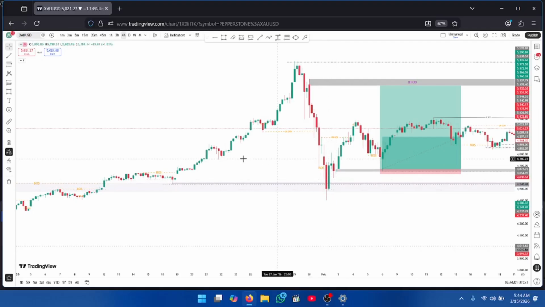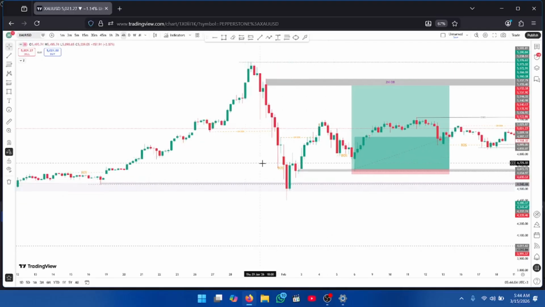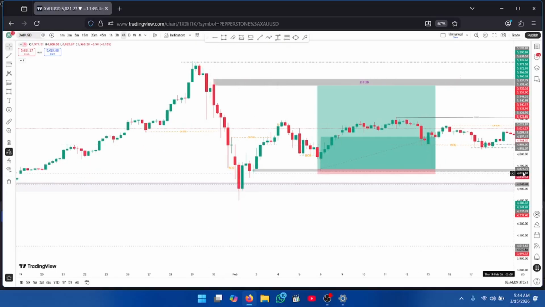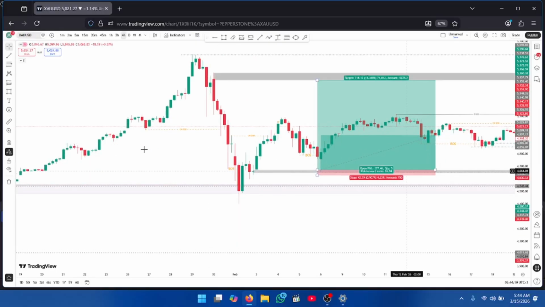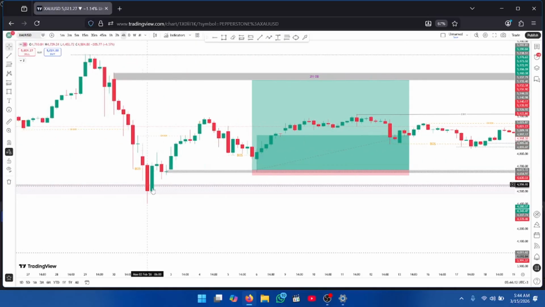The market found support, and from our entry strategy, you can clearly see that after tapping this zone, the market changed character, giving us a very beautiful change of character about this level. It's very clearly seen here. It's where our change of character happened.